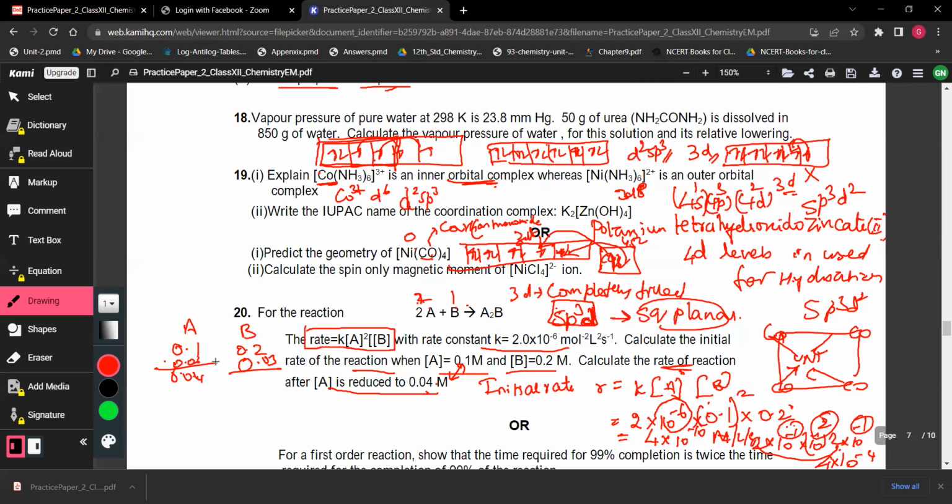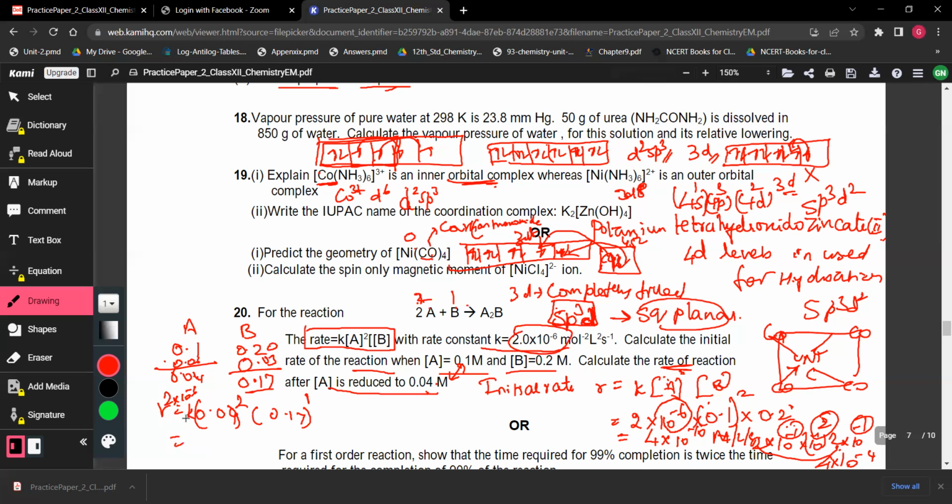Okay, so 0.2 minus 0.03 will be 0.17. Substitute these concentrations here. R is equal to K into 0.04 whole square into 0.17 power 1. The K value is unchanged. It is 2 into 10 power minus 6.